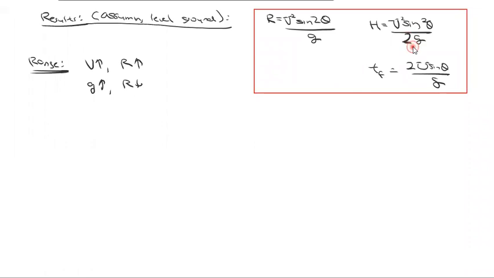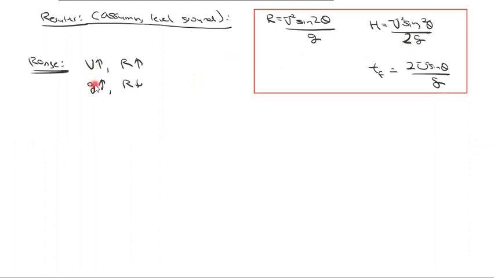It won't make a difference to the assumptions we're looking at, because 2 is just a constant, but that is now the correct formula. So for range, as V goes up, R goes up, as g goes up, R goes down. Now, obviously, I'm assuming everything else is constant when I change one thing.